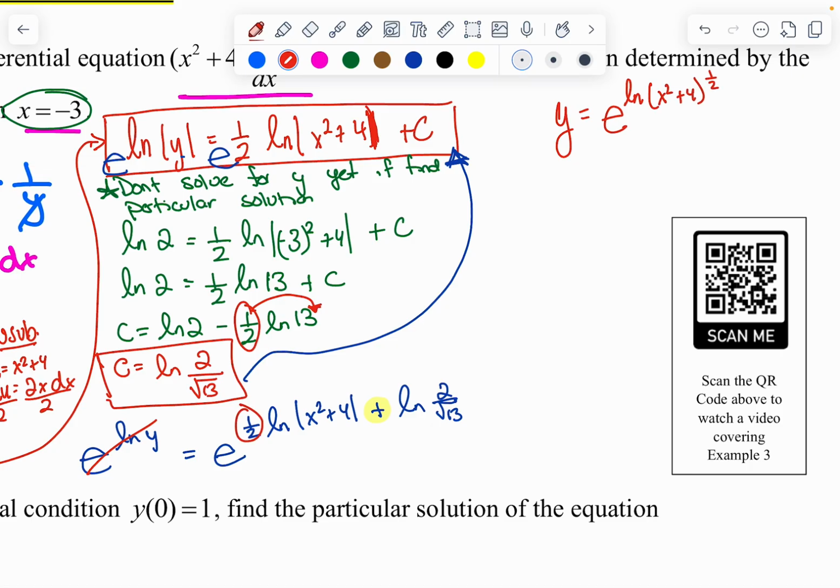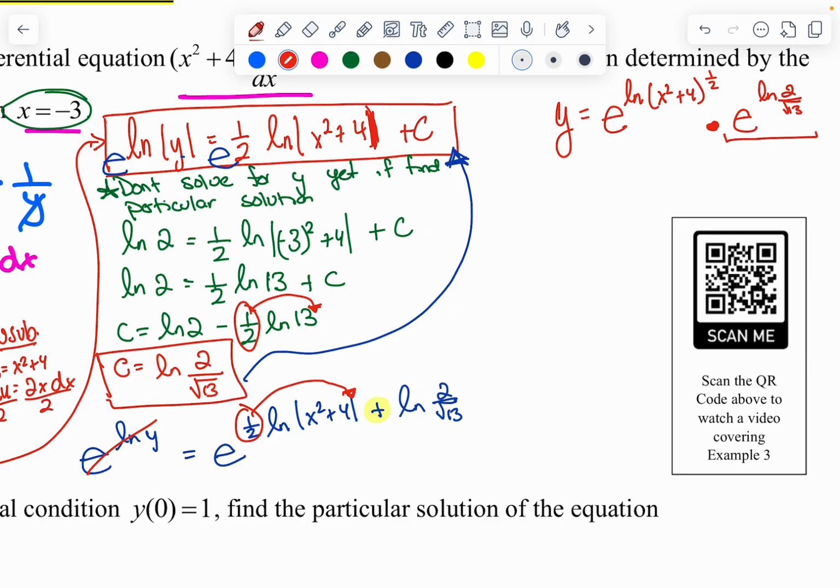Okay, I just moved that up, right? Times e to the ln of 2 over square root of 13. So this is the property of exponents. Because we have a plus, we can separate these into two different numbers.